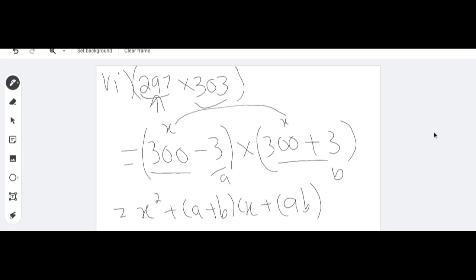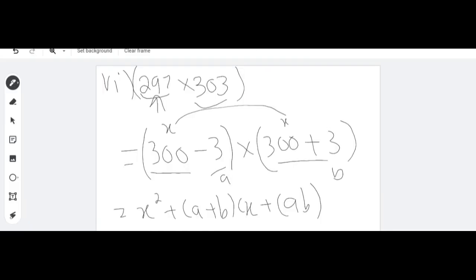Understood? Okay. So the question number 6, the part like this, where two numbers are multiplying with each other, we have to solve with this formula. Understood? Yes.